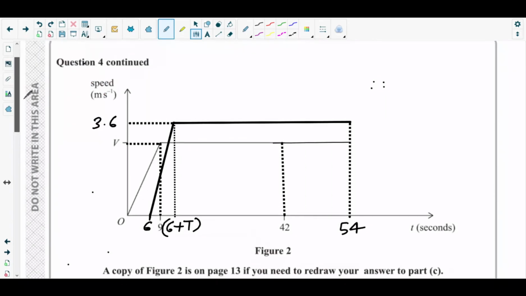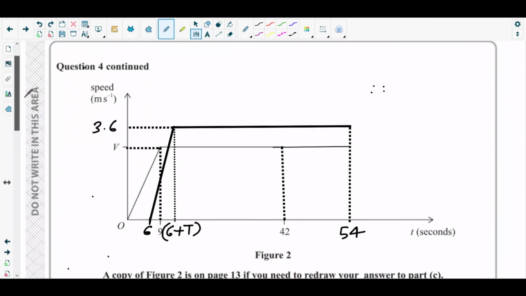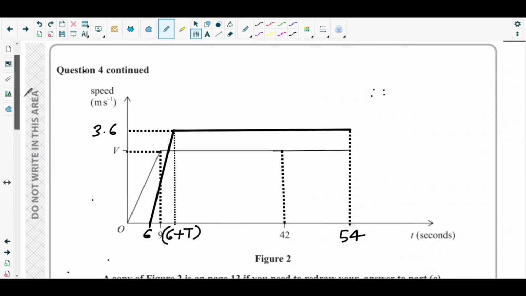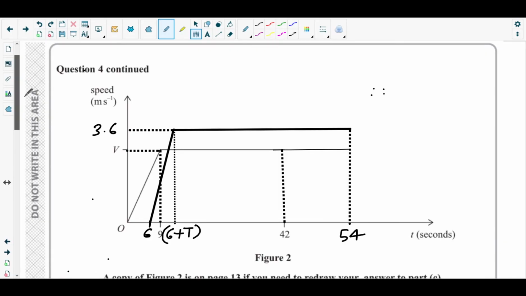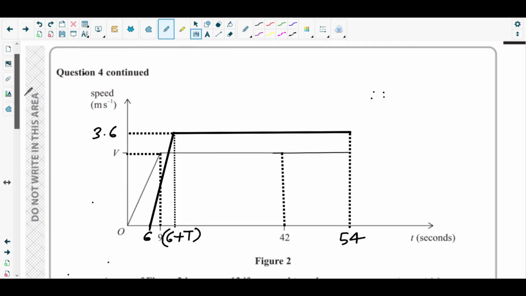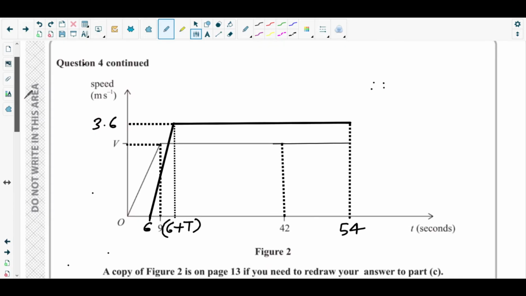Fine. So the cyclist Q has accelerated for t seconds and then reached 3.6 meters per second. And she caught up with cyclist P at t equals 54.